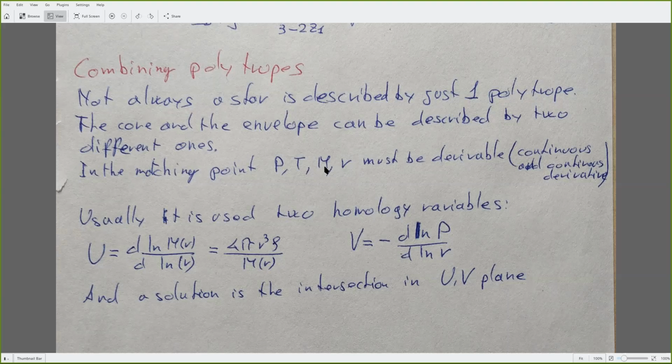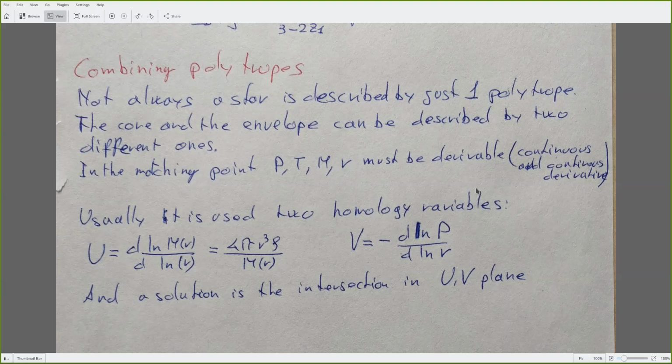The radius makes sense too. You cannot have a wormhole inside the stars. You have to pass continuously, but it must also be differentiable: since you have to be continuous, the derivative must be continuous as well.